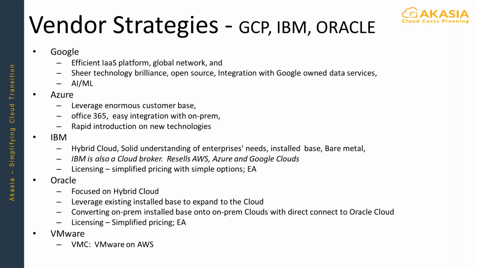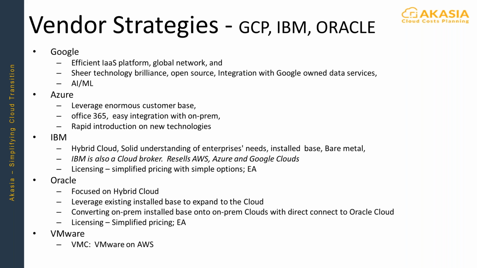So they are relatively inexpensive. When you look at it, apples to apples, they tend to be cost efficient. They have their own global network and sheer technology brilliance, commitment to open source, and everything in Google now is AI and machine learning being built everywhere in every area as well. So customers by definition are already tapping into that.